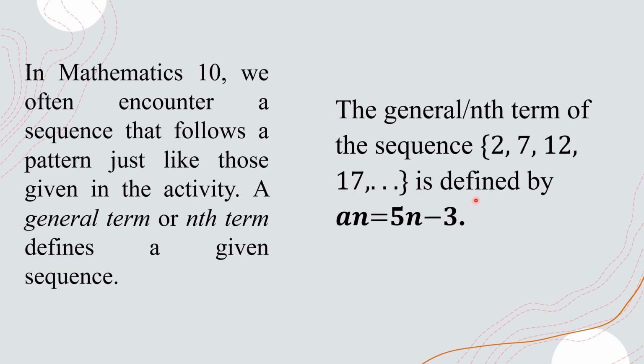If we're going to take a look at the terms, meron pattern na lumalabas, isn't it? So 2 maging 7, maging 12, maging 17. So nag-a-add tayo ng 5 to get the next term. So may pattern, hindi lang basta-basta naglalagay tayo ng terms sa ating sequence.